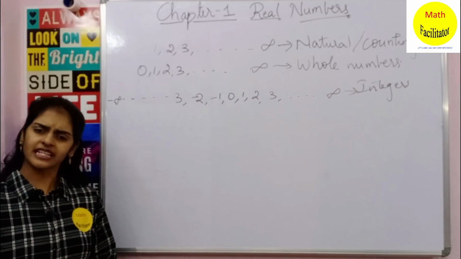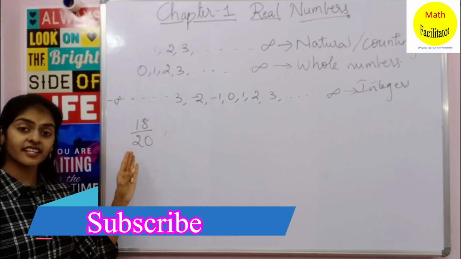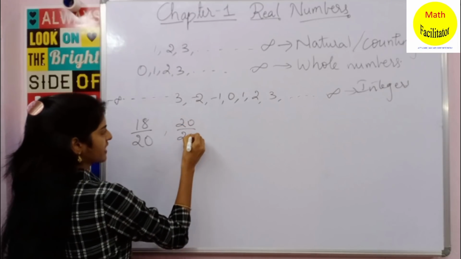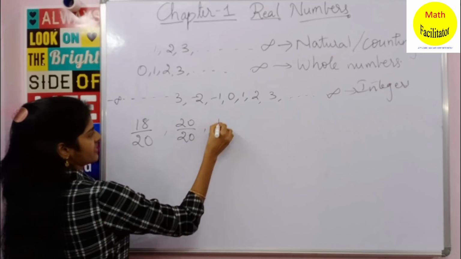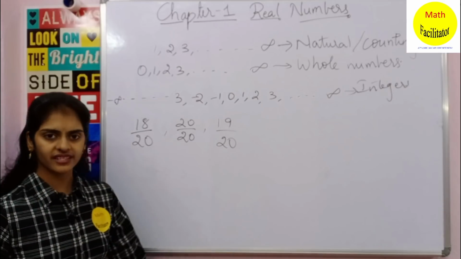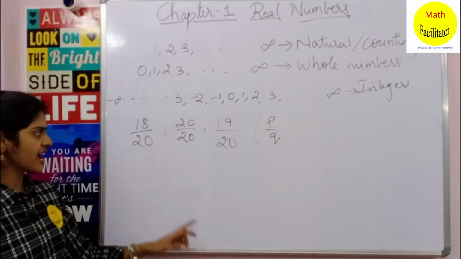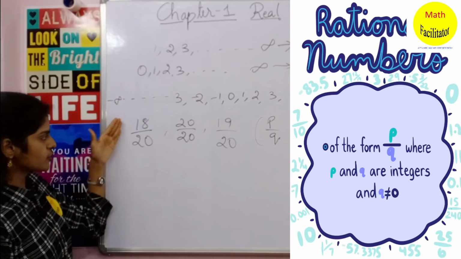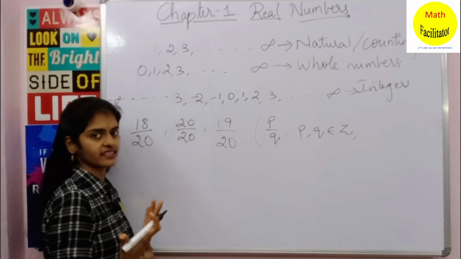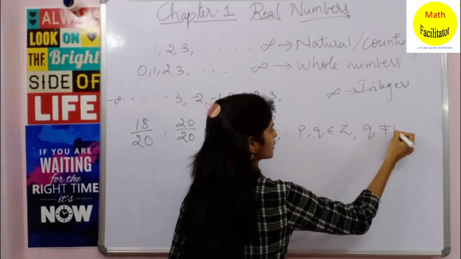Now suppose your teacher has awarded you marks, say 18 out of 20. These are the marks you got in English. Now you got 20 out of 20 in science and 19 out of 20 in maths. Now what are all these numbers? These numbers are of the form p by q, where p and q both belong to integers, and the other condition is that q is not equal to 0.